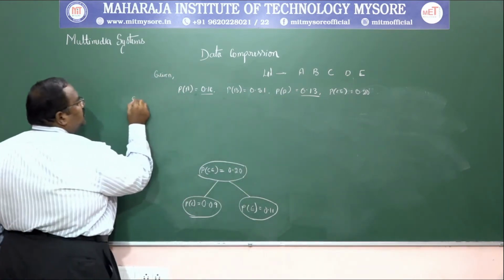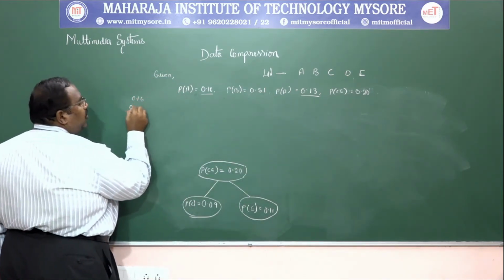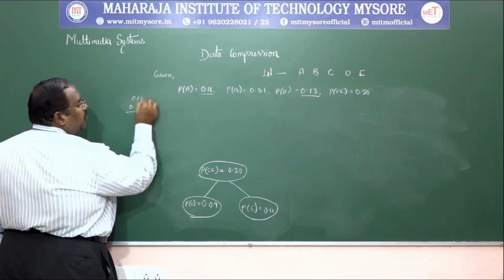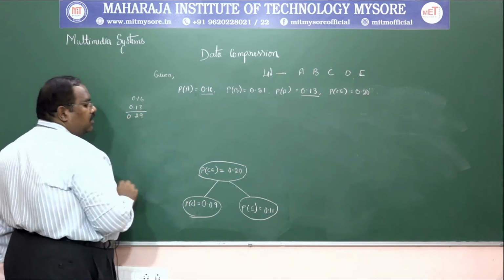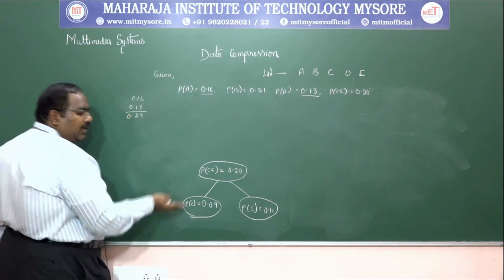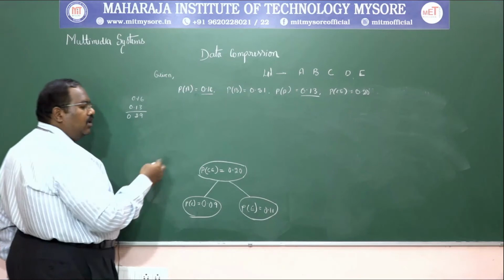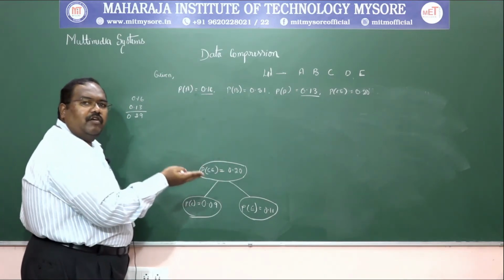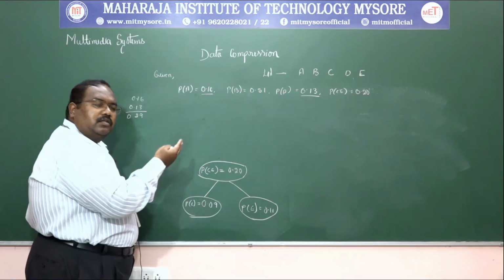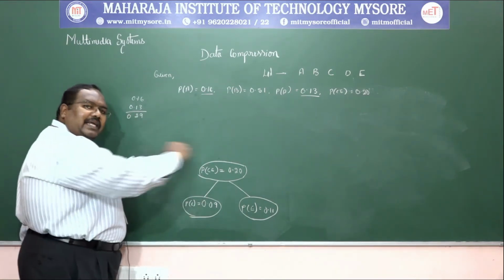That is 0.16 and 0.13. If we add, what is that? 0.29. So even this would be in the same hierarchy. So there is no need of adding one more node here and there. So instead of an upper node, this would be of the same hierarchy level.